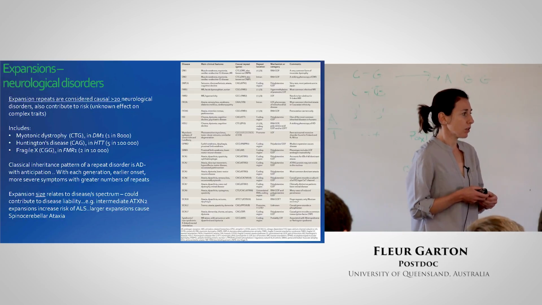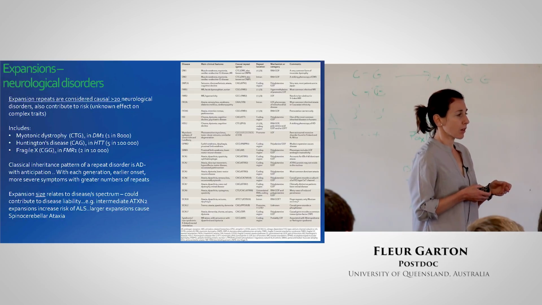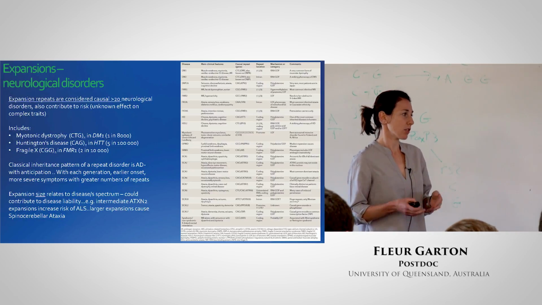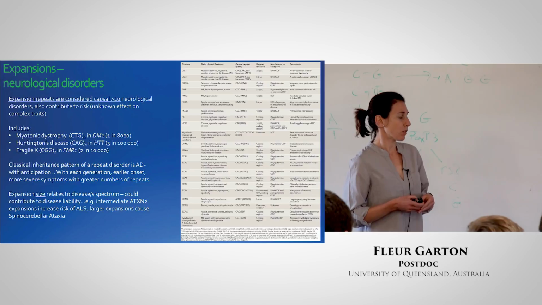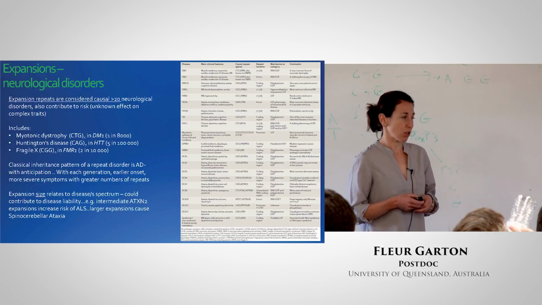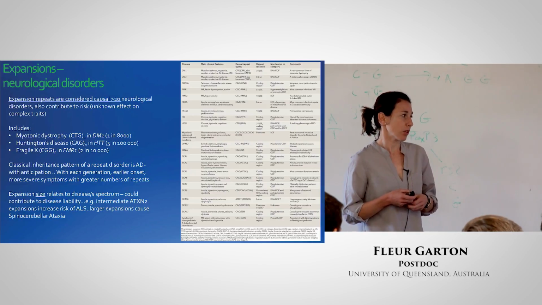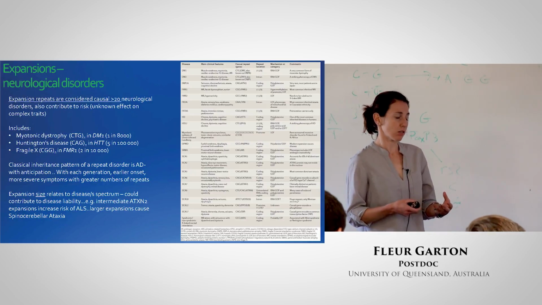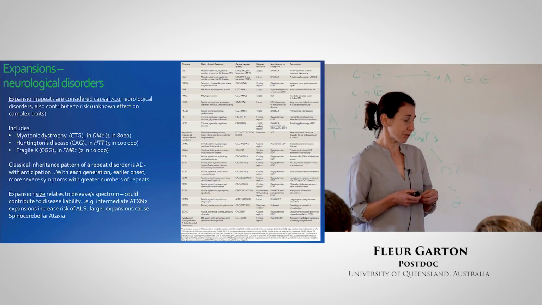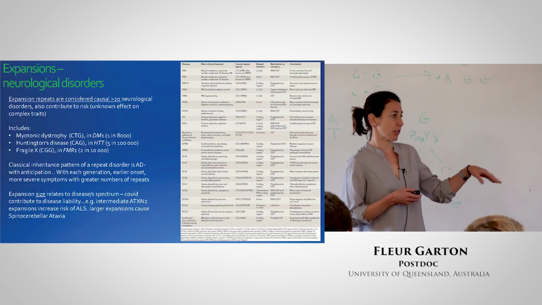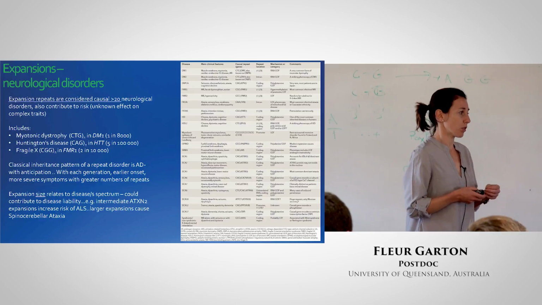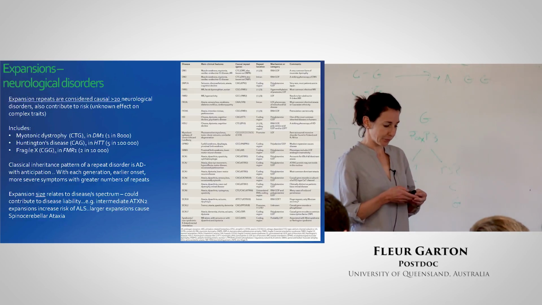And also, as an example, our group has been looking at motor neuron disease or amyotrophic lateral sclerosis. And there are also reports in the literature that intermediate repeats in a gene called ataxin 2 can also increase the risk of this disease. So they're not necessarily causal, but they do change the risk. And then larger expansions in this same gene cause a slightly different disorder called spinocerebellar ataxia.